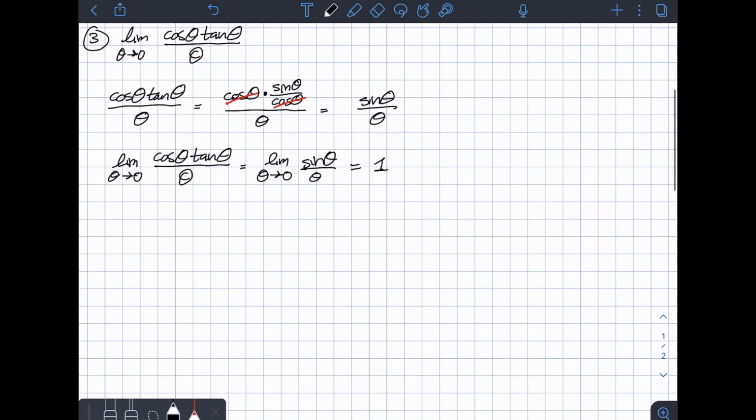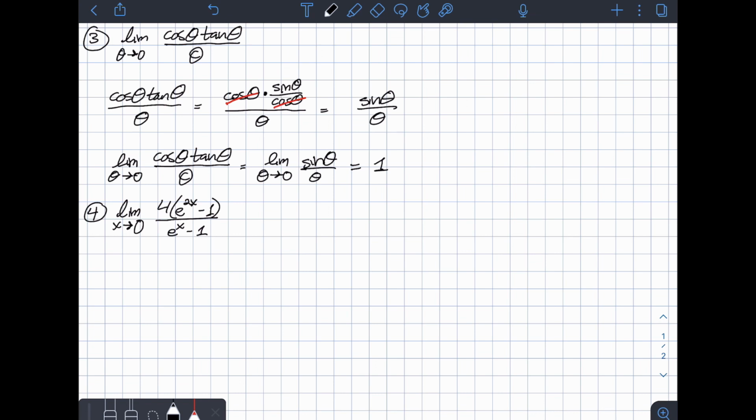And for one more example here, one involving the natural number e: limit as x approaches 0 of 4 times e to the 2x minus 1 over e to the x minus 1.